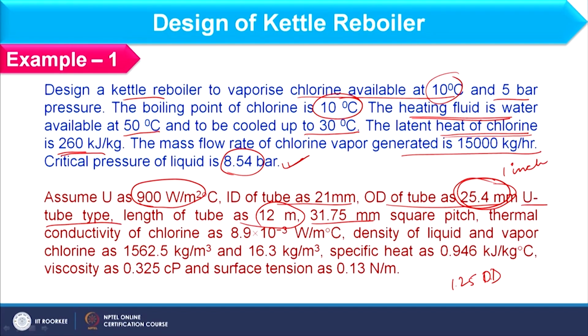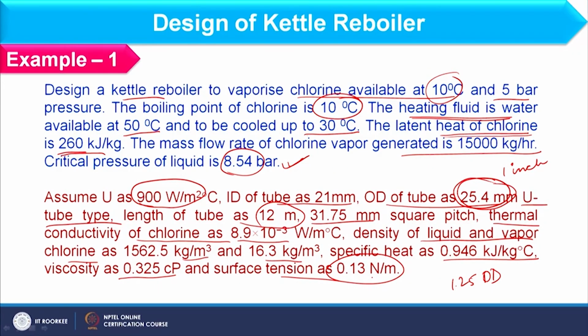So, this is 1.25 OD and arrangement is square, and further we have thermal conductivity of the chlorine as 8.9 × 10⁻³ watt per meter degree Celsius. Density of liquid and vapor chlorine are given like this and this. Further we have specific heat of the chlorine like this, viscosity is given, and finally we have the surface tension. So, you see all properties are given to us, okay.